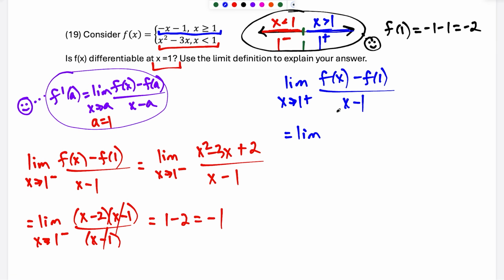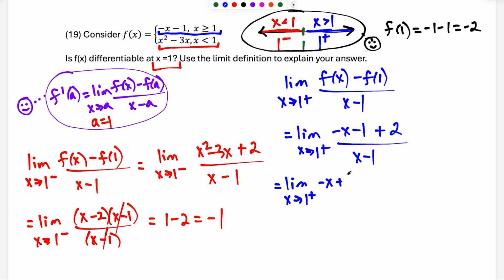So we have x approaches 1 on the right, f of x we replace with negative x minus 1, and then we have minus f of 1, which is negative 2, so this changes to plus 2, over x minus 1. So now we just simplify. We're going to get the limit as x approaches 1 on the right side of negative x plus 1. When we do negative 1 plus 2, it's going to simplify to plus 1, over x minus 1.